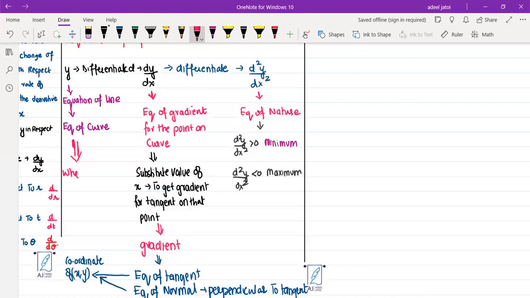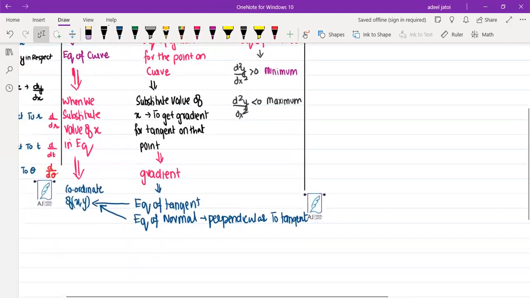When we substitute the value of x in the equation, we get the coordinates, the x and y, for the equation of tangent or the equation of normal.